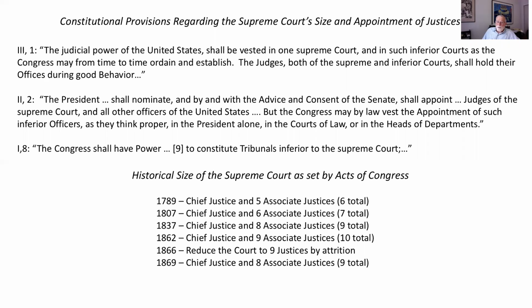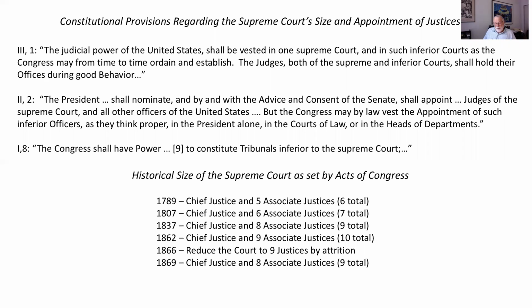Remember, they tried to impeach him in 1867. And the idea was by doing this, they would prevent him from appointing any justices. So in 1866, the court was going to be reduced to 7, simply to prevent Johnson from appointing anybody to the Supreme Court.